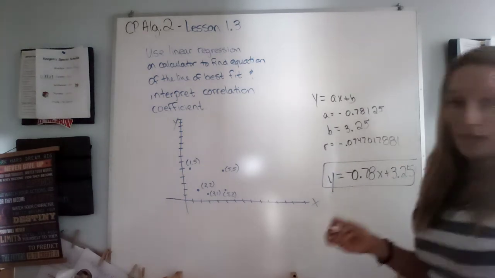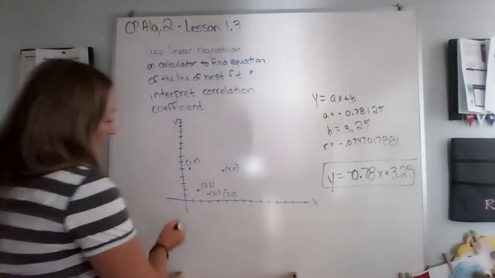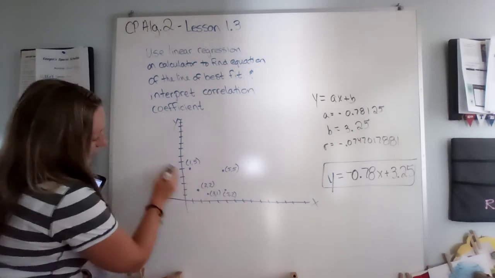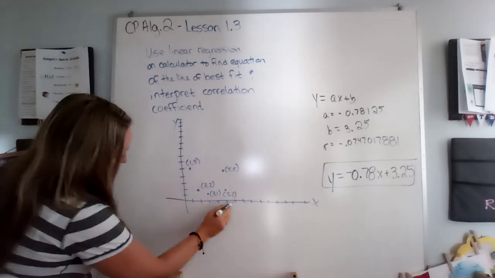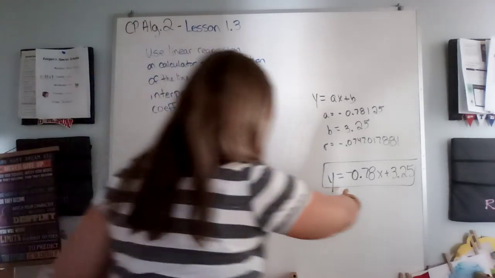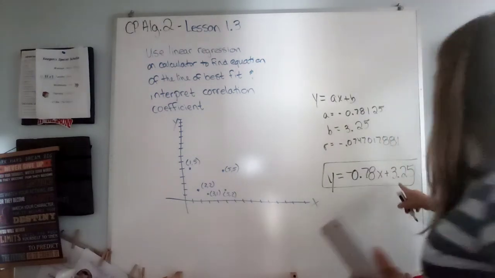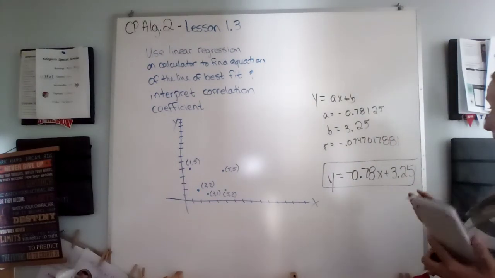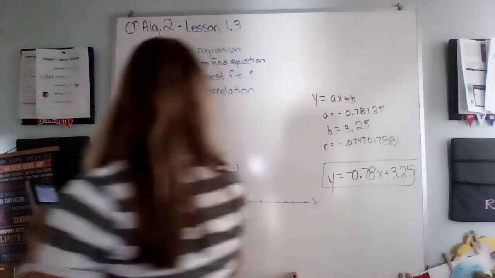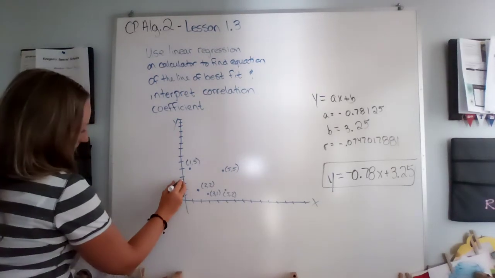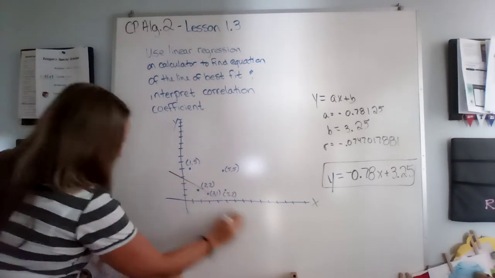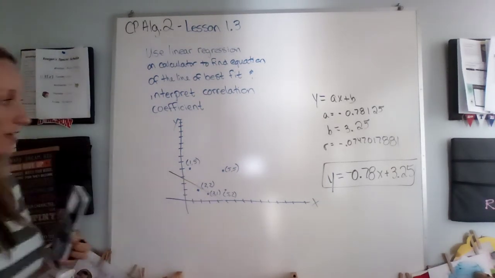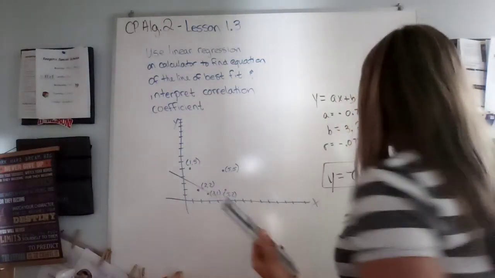Think about it, your slope would be a negative slope. If we were to draw a line, it would be going down like this, so it makes sense that your slope is negative. The y-intercept is about 3 and 1/4, so 1, 2, 3. The line will go something like this, and that will be your line of best fit. We can graph it on the calculator in a second.